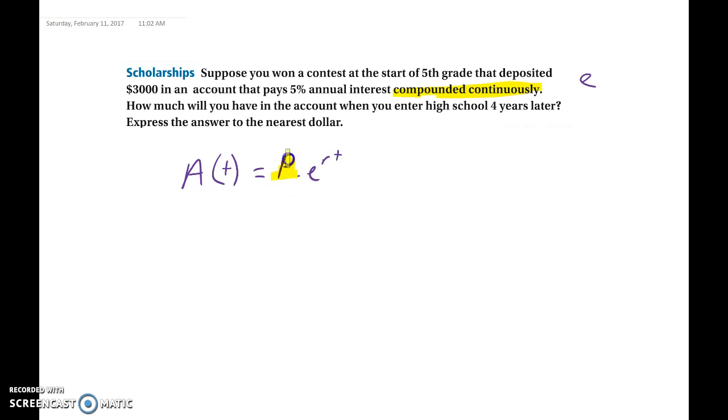So our principal, or our starting amount, was $3,000 because that's what was deposited. So I know that P is equal to 3,000. Our interest rate, our R, they tell us it's 5%. So we know that our R is going to be equal to 5%, which as a decimal is equal to 0.05. And then the last thing, T, time, it says that it is going to be 4 years later.